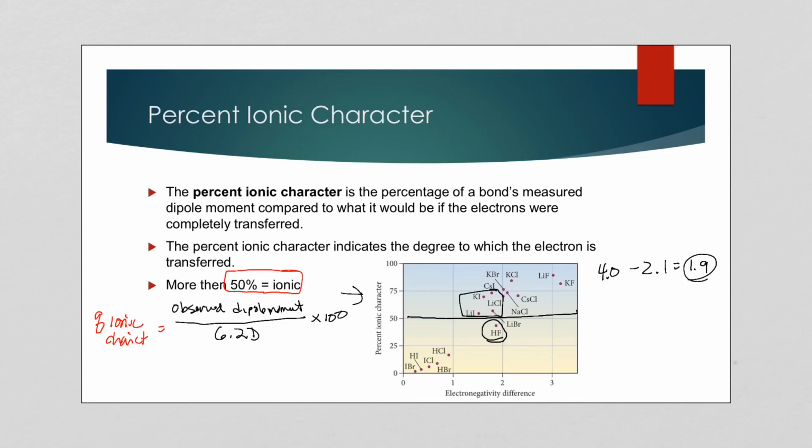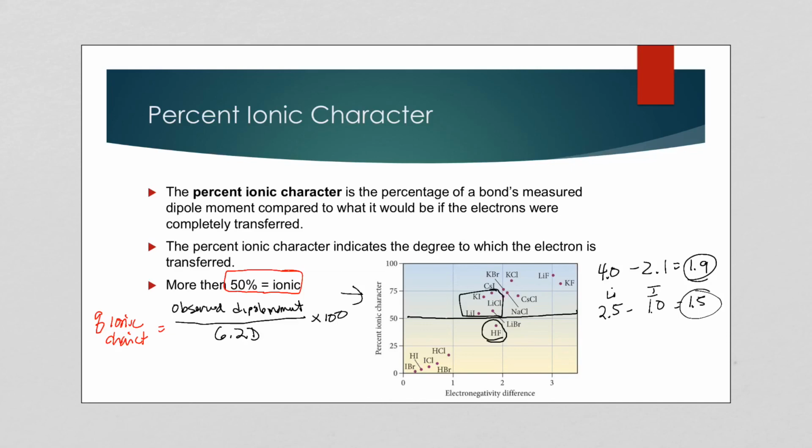So if I look at, for example, lithium iodide, iodine is, I think, 2.5, and lithium is 1. So you get a 1.5 difference. On the scale of difference in electronegativity, that's clearly covalent.